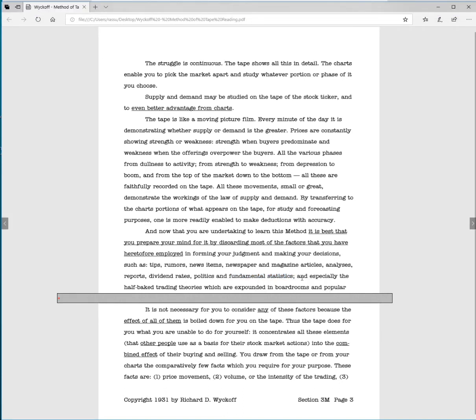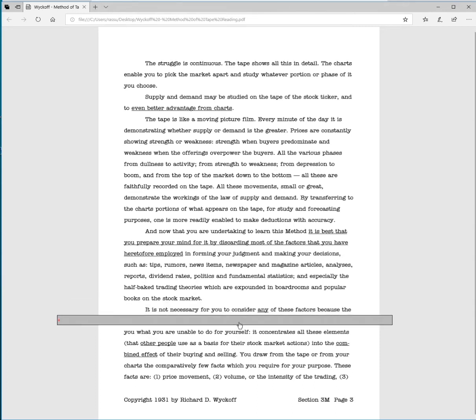Fundamental statistics is taking a look at the earnings, or basically the information that's published, and trying to trade off of it. So earnings, all of that stuff, PE ratios, etc. Those are different.